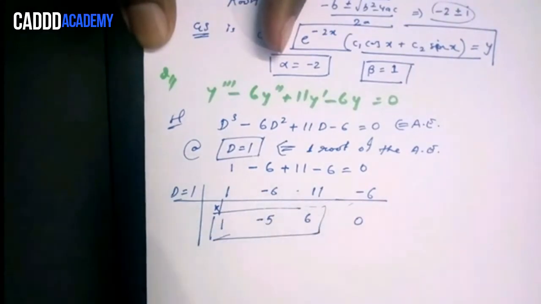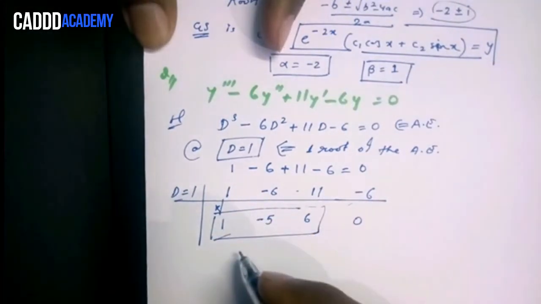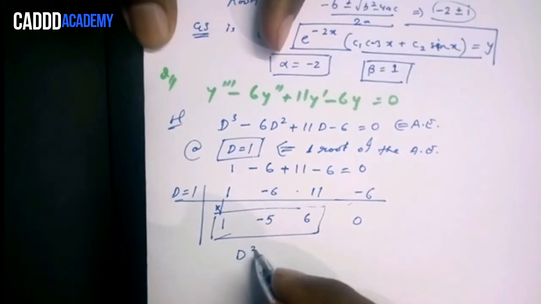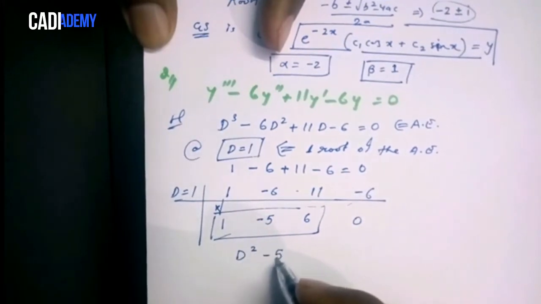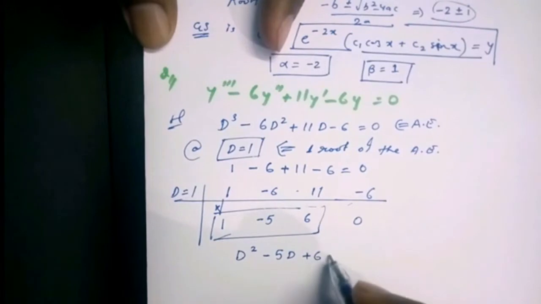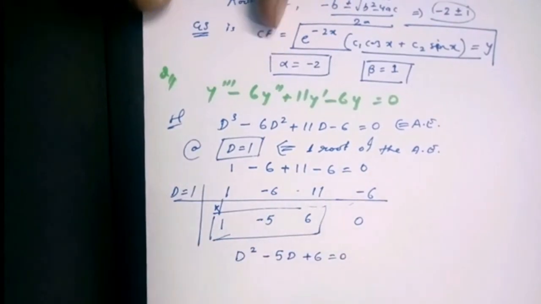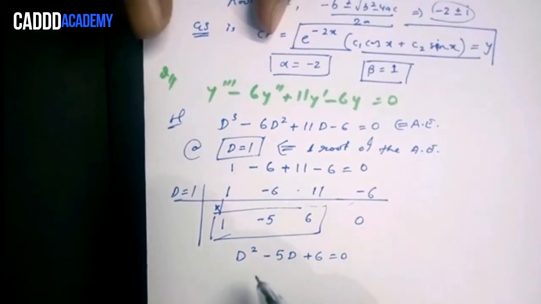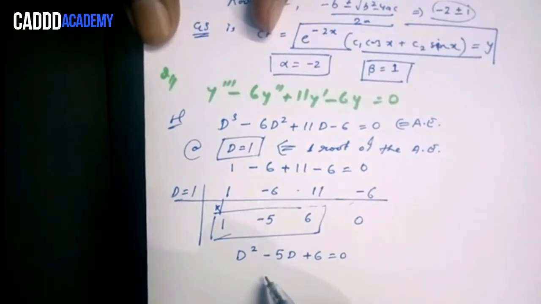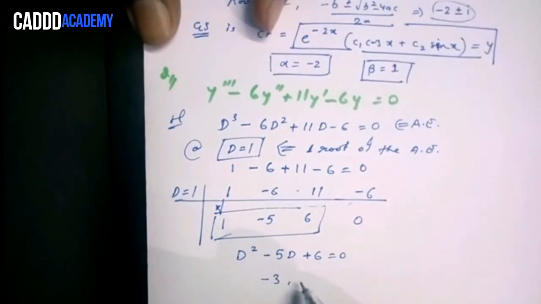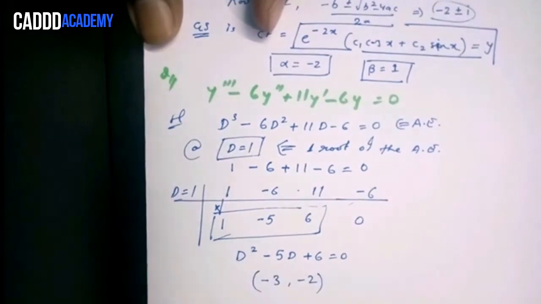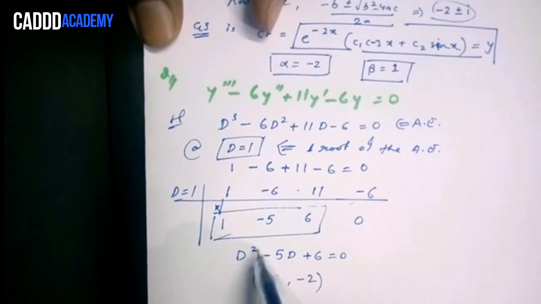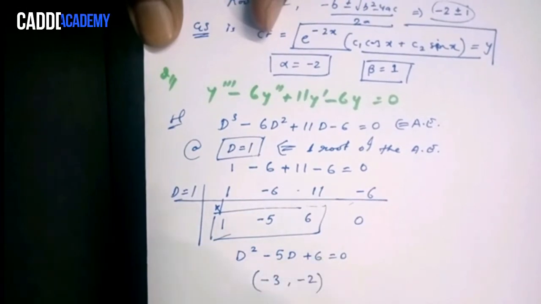So this is again the coefficient of a second order equation. We will write it as D squared minus 5D plus 6 is equal to 0. So we can get the roots of this equation. We have minus 3 and minus 2, the numbers whose sum is minus 5 and multiplication is 6.